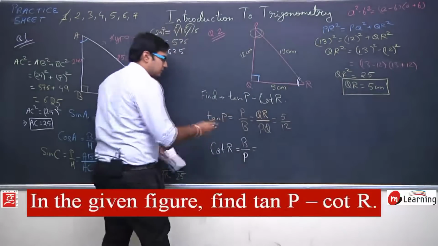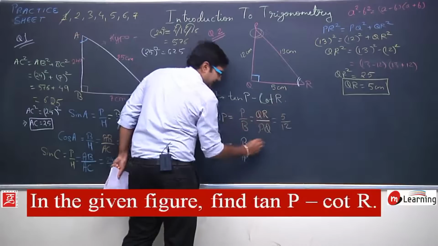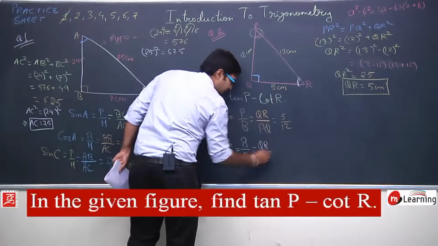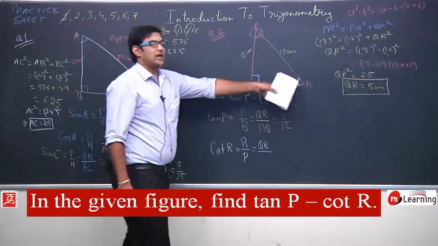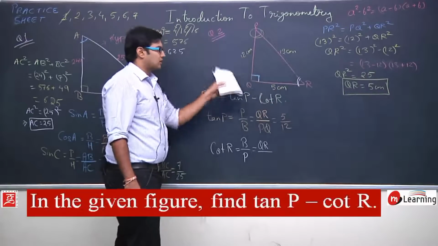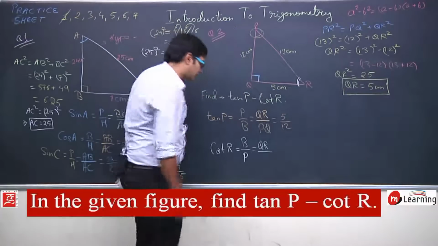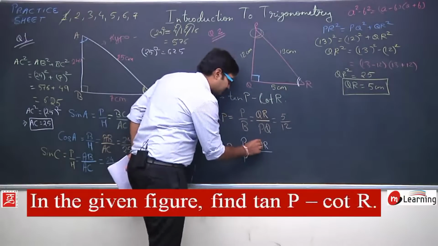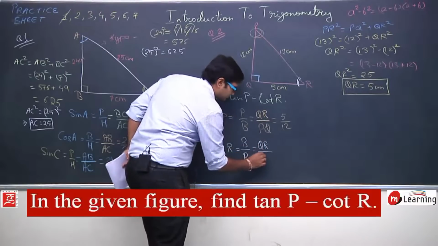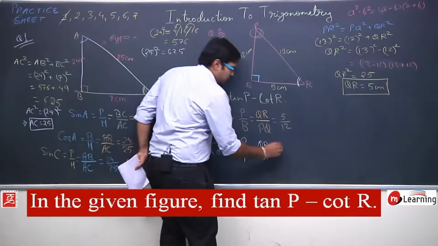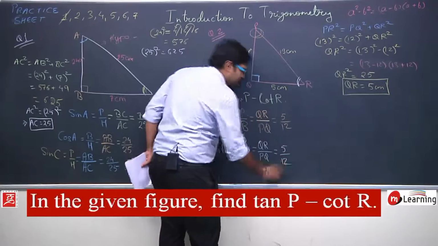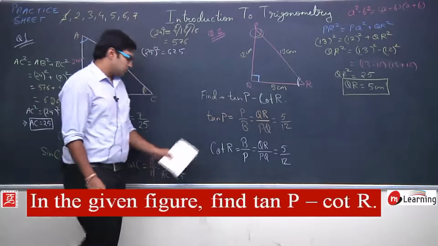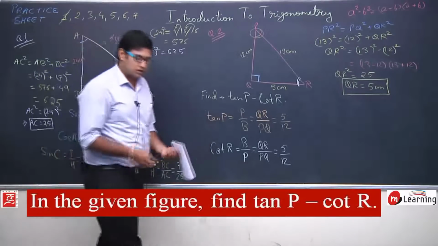So in place of base I can write QR upon, what is the perpendicular with respect to this angle R? This is the perpendicular. Okay, PQ is the perpendicular. So here I can write PQ. So this QR is 5 centimeters and this PQ is 12 centimeters. So cot of R is 5 by 12.